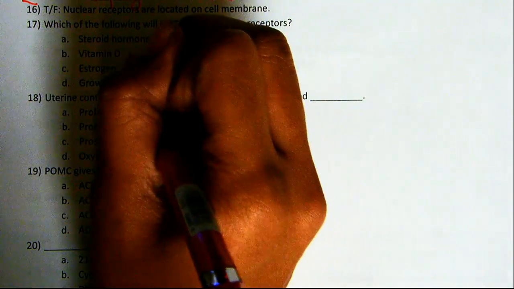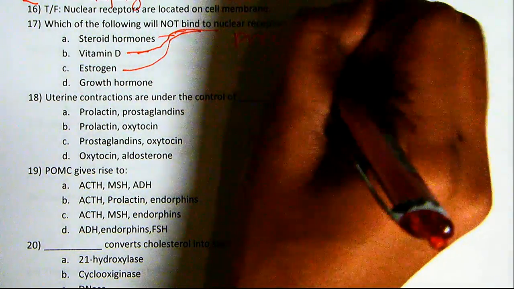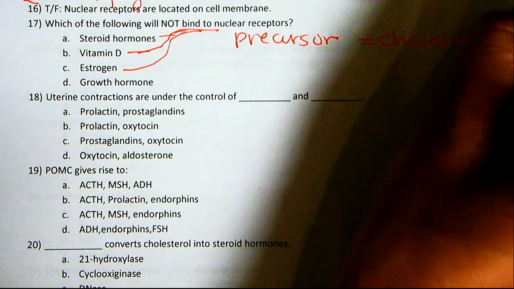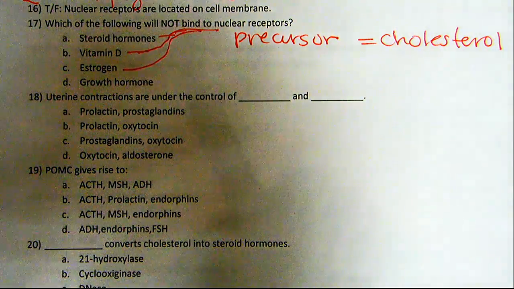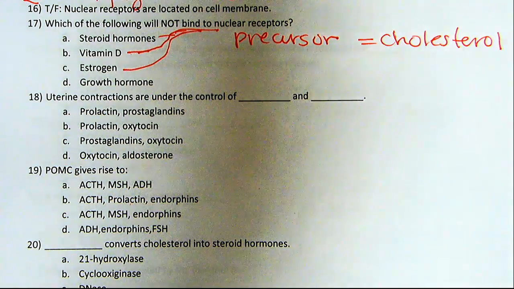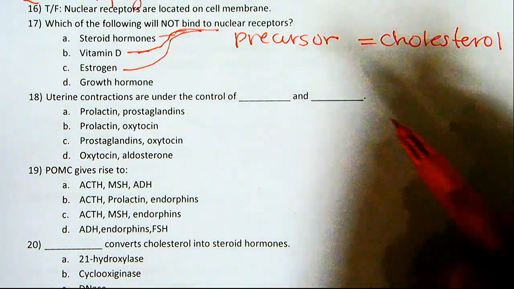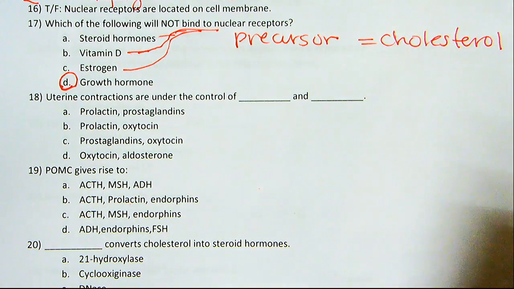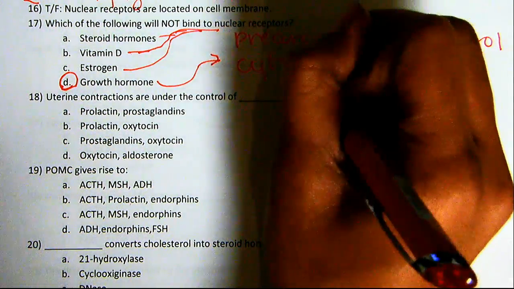So their common precursor is cholesterol. And cholesterol can easily diffuse through the plasma membrane, correct? So they bind and act on the nuclear receptors. But growth hormone will not bind to nuclear receptors, so what type of receptor will it bind to? Exactly. So growth hormone will bind to cytokine receptors.